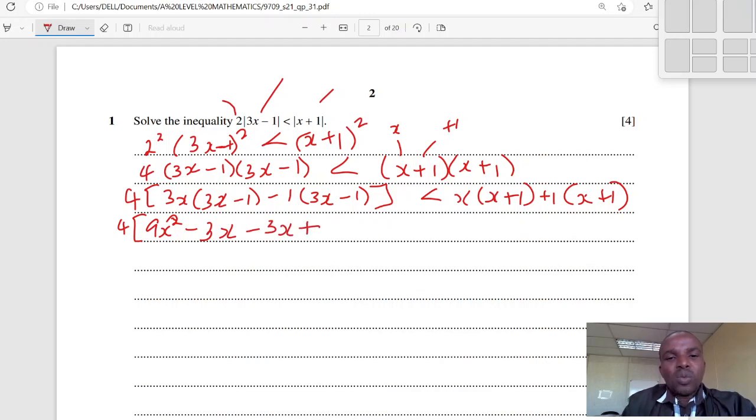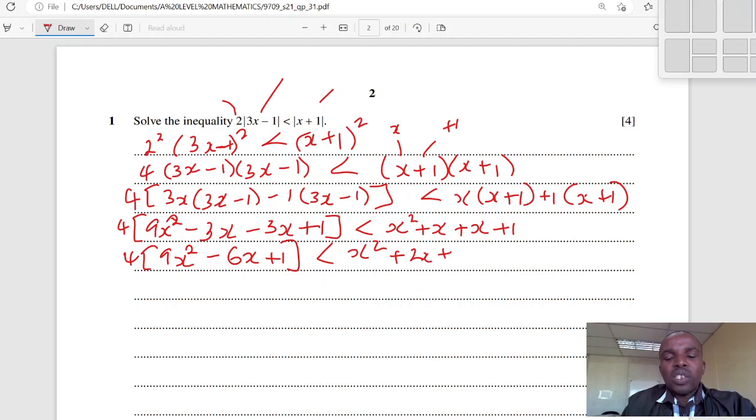Minus 1 times minus 1 is plus 1. Less than. Then x times x is x squared, plus x. Then 1 times x is plus x. Then plus 1. Then let's simplify further. You get 9x squared minus 6x plus 1 less than x squared plus 2x plus 1, like this.